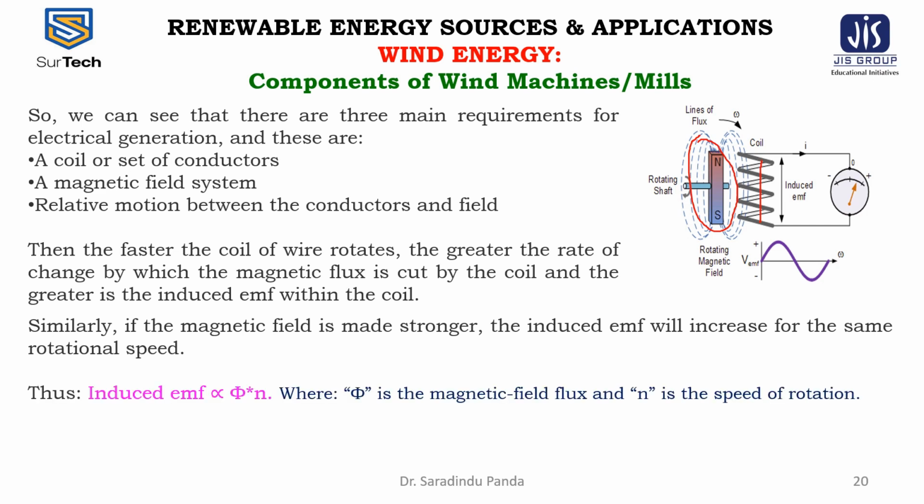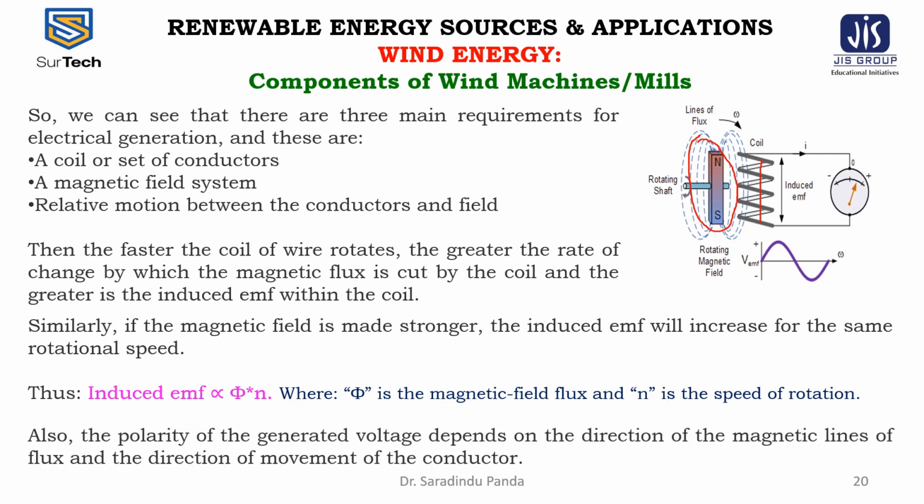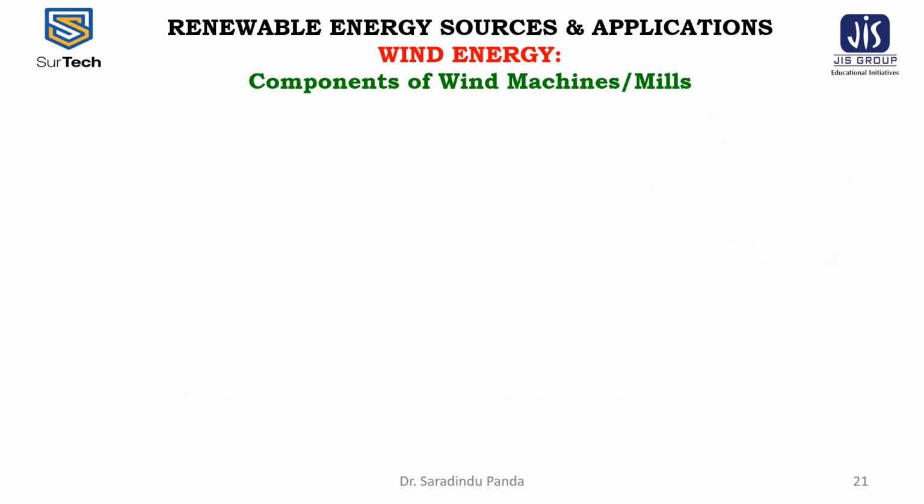Thus, the induced EMF is proportional to phi times n, where phi is the magnetic flux and n is the speed of rotation. Also, the polarity of the generated voltage depends on the direction of the magnetic lines of flux and the direction of movement of the conductor.